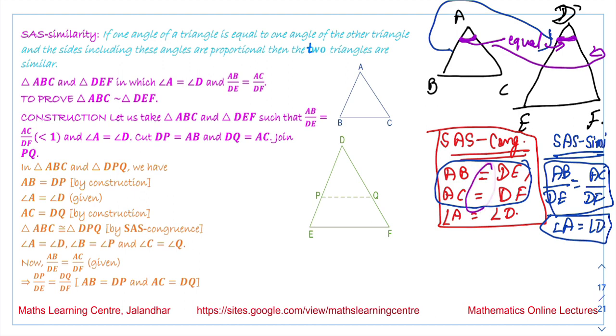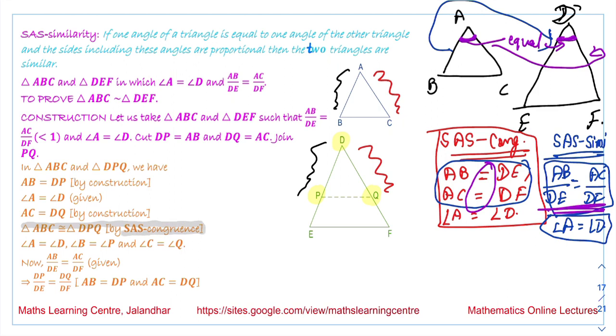So in place of equal sides, we are saying the sides are proportional to each other. The construction we are going to do over here is that, again, from this point D we have drawn the points P and Q such that the AB length and DP length are equal, the AC length and DQ length are equal, and we have joined these points P and Q. So in the triangles ABC and DPQ, these two triangles are congruent to each other.